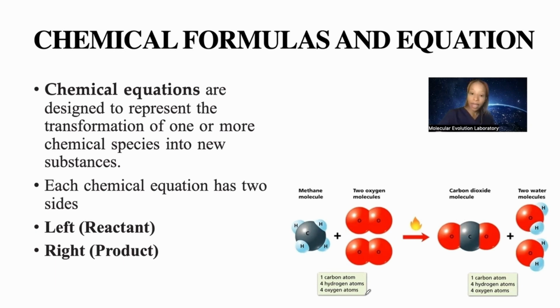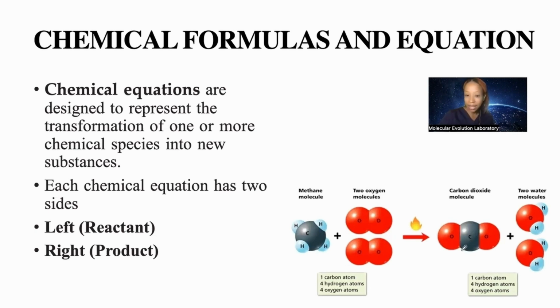The important thing is both sides have to be balanced, meaning both sides have to have the same number of atoms, because the law of conservation states that atoms cannot be created or destroyed. They basically just change into a different state.